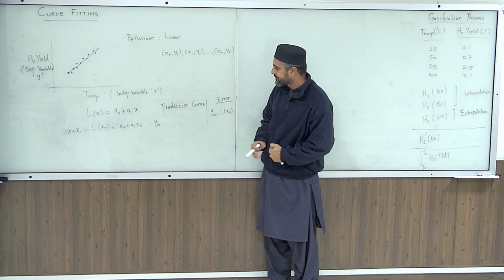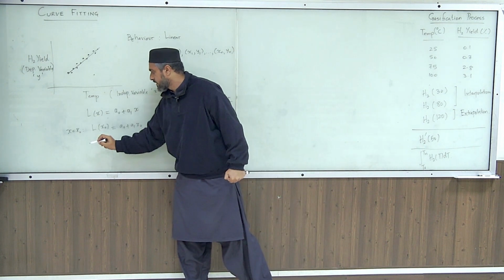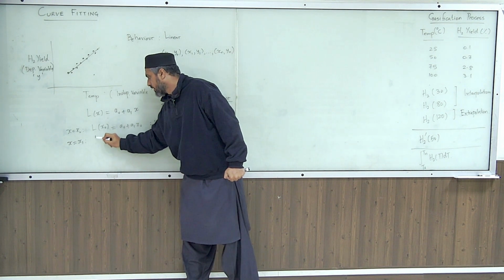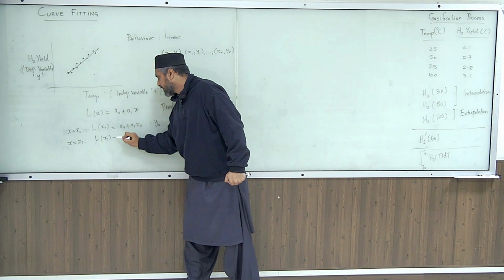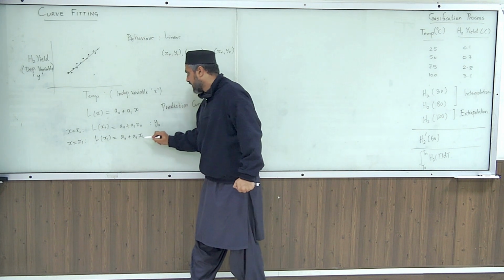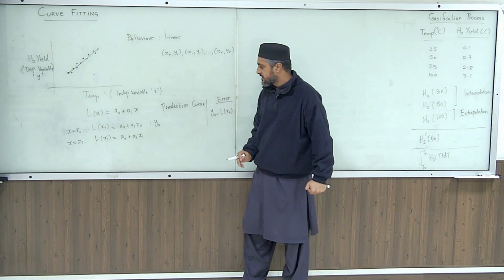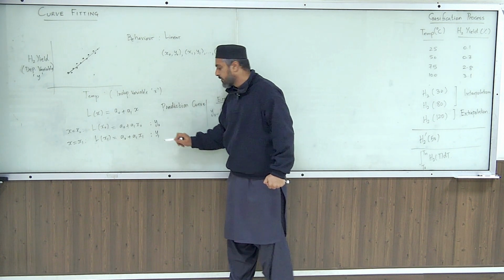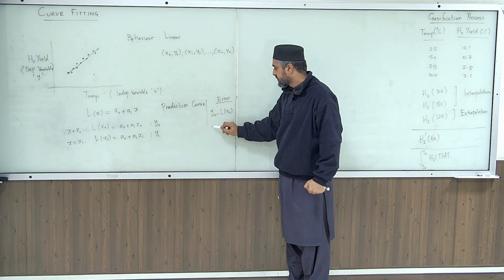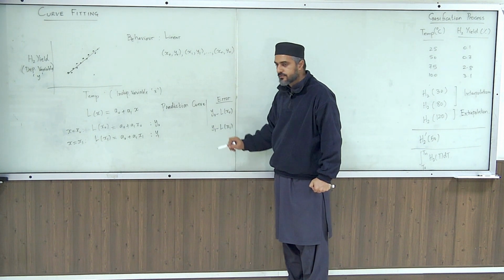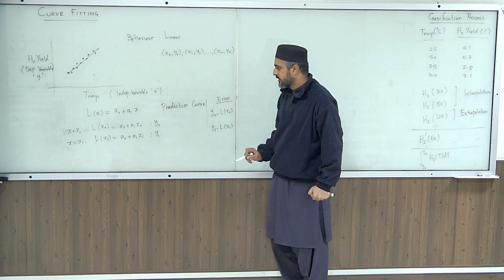Now if I find the value at x1, it will be L of x1. This is the approximate answer. The exact answer is y1. So if I take the difference of the two, it will be my error associated at the point x1.